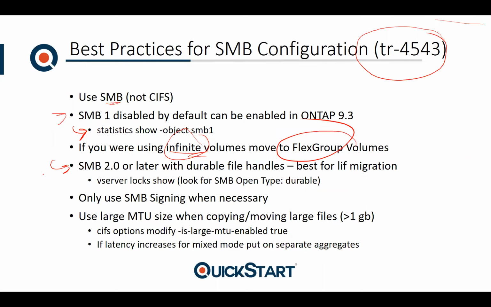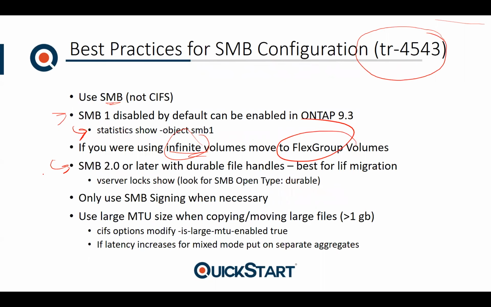But with SMB 2.0 and up, obviously into 3 and such, we have these durable file handles. And so it actually means that they can reconnect easily, very similar to the file handles that are used over in NFS, which is what allows NFS to handle that failover process.